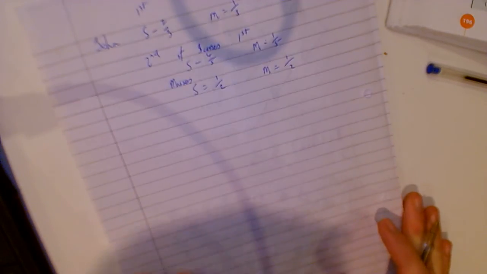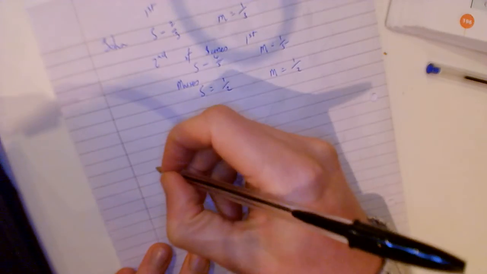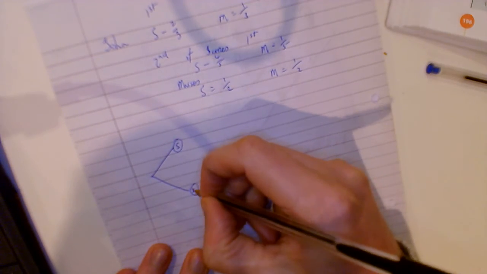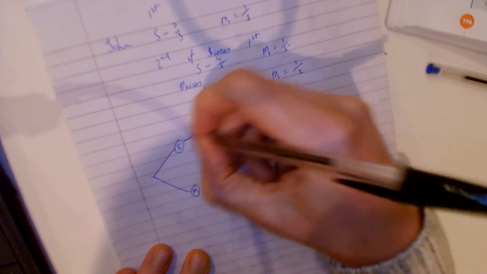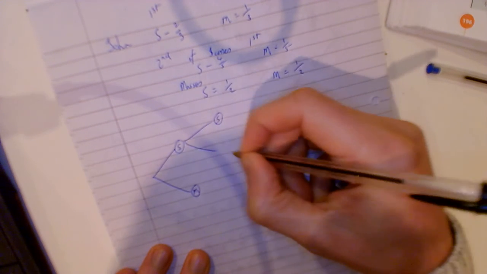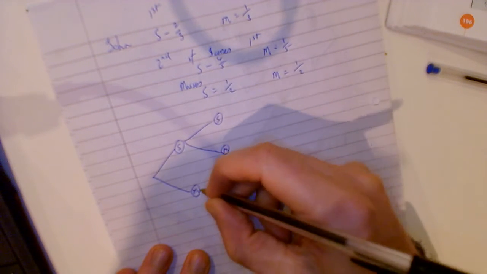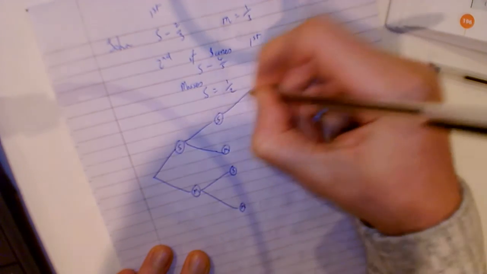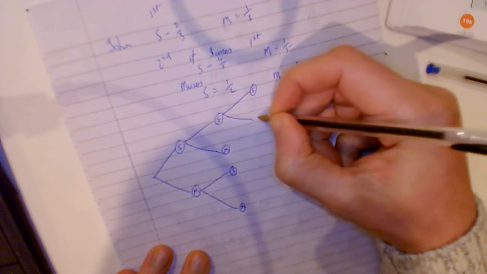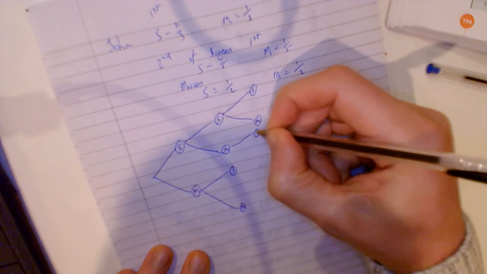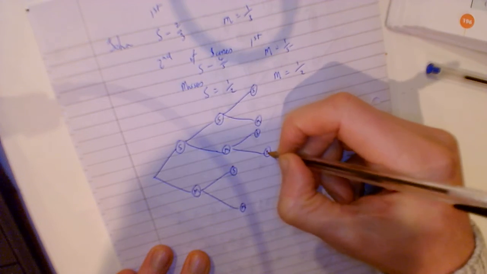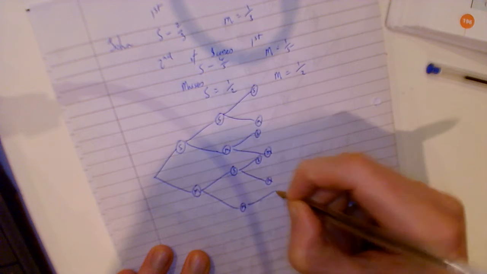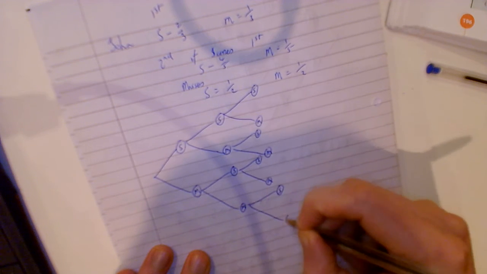So we come along to this then, and I say, John scores, John misses. Score, miss, and we're saying he takes 3 penalties. Score, miss. Score, miss. Score, miss. Score, miss. Score, miss.